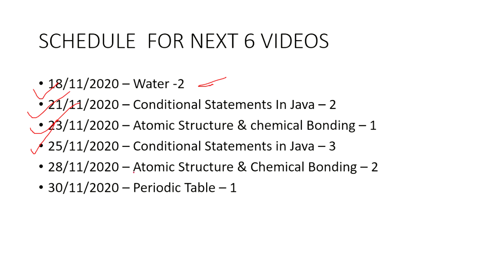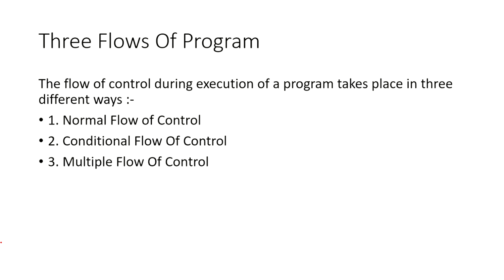After conditional statements we will be doing a chapter called atomic structure and chemical bonding on 23rd, and we will end the chapter on 28th. And also we will be taking a chapter called periodic table on 30th. This year we will complete almost 50 portions. I guarantee that I will complete all the portions before the January second week.